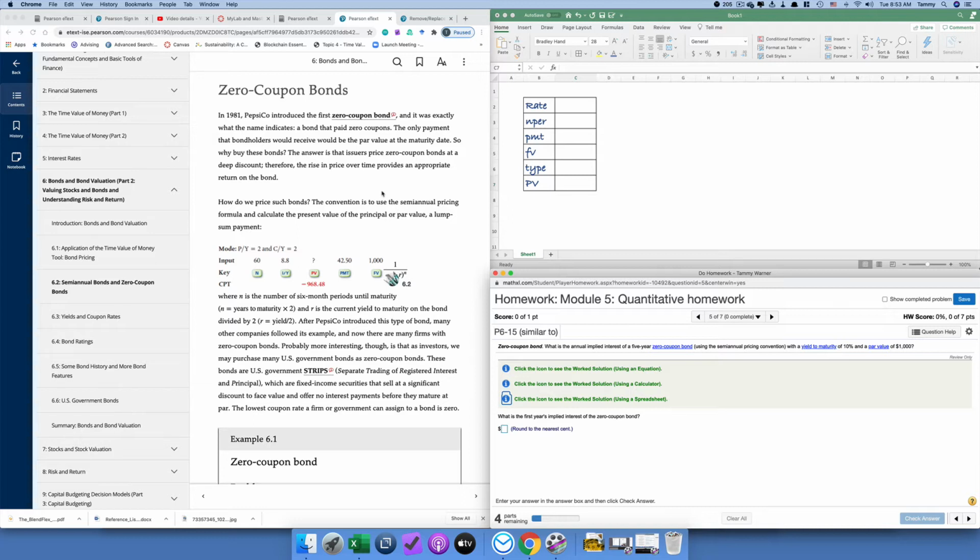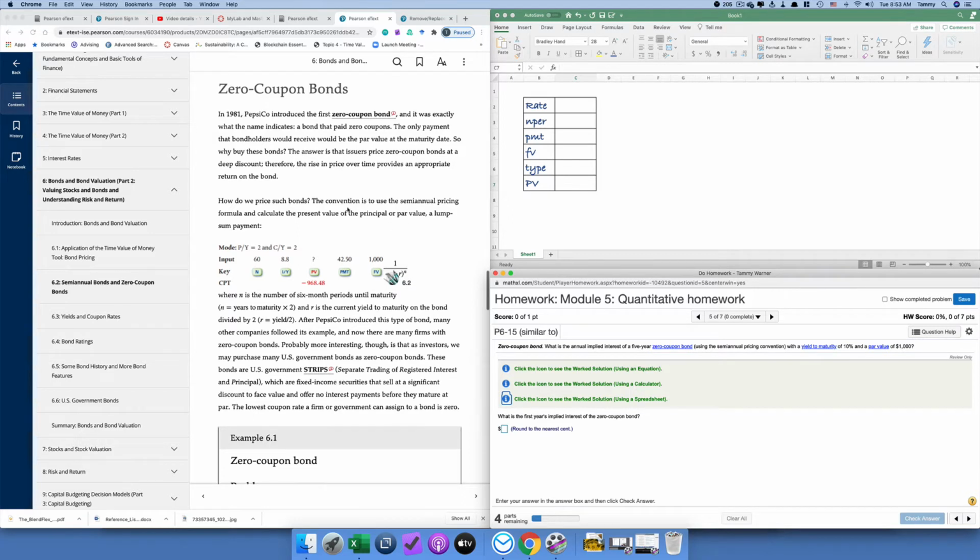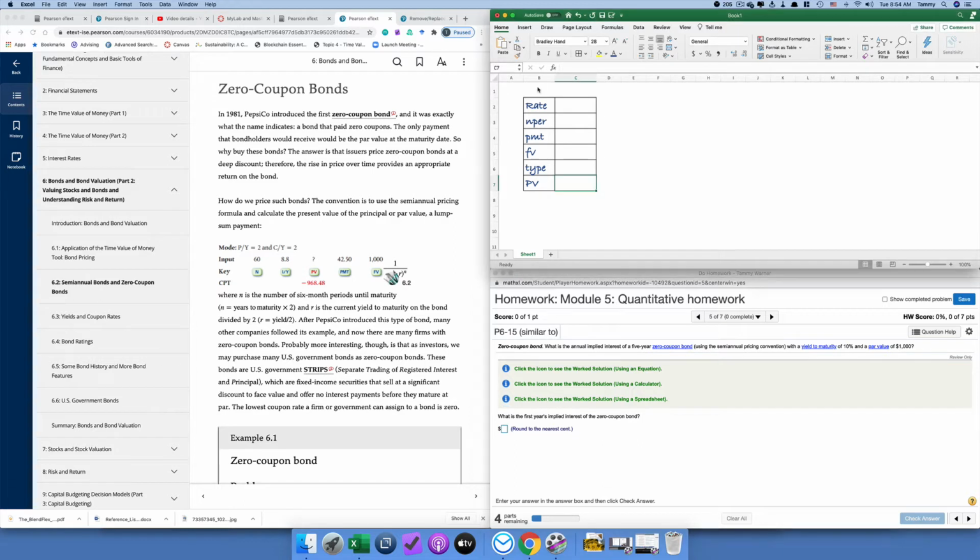And so, as your book says, you use a semi-annual pricing formula and calculate the present value of the par value, right? Which would be a lump sum payment. So for our example here, at the time of issue, for our example in the homework, we've got a zero coupon bond.